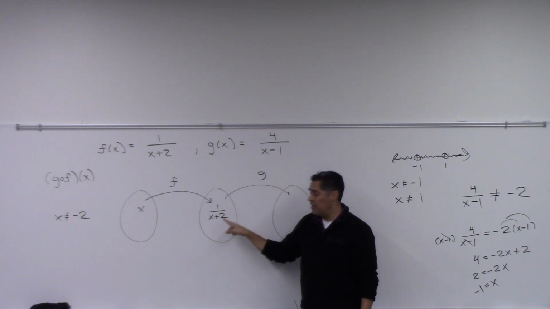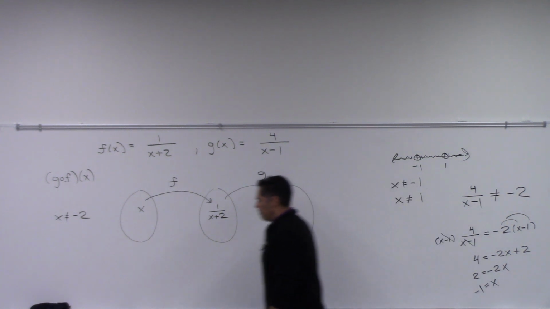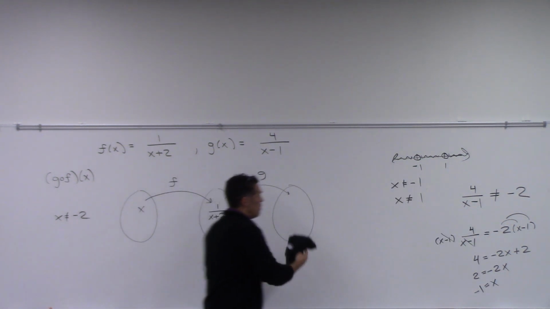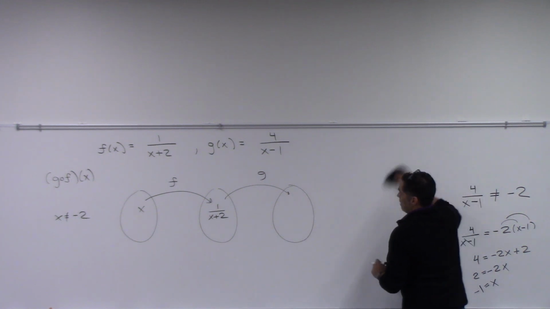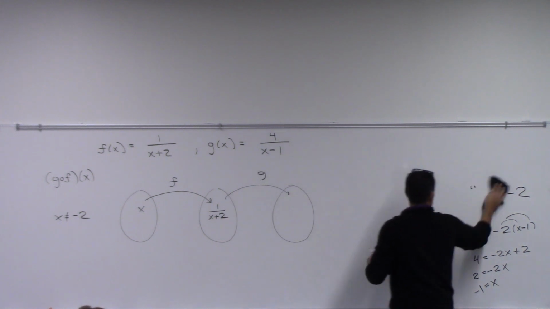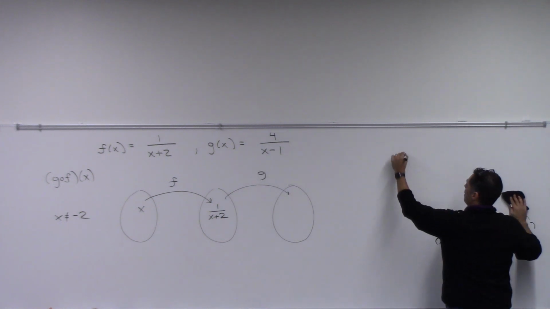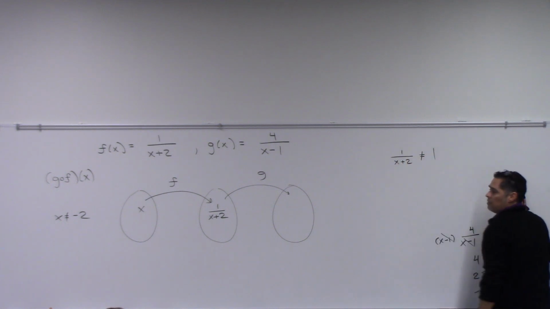If this is a 1, I'm in trouble. Let me write it just the way I wrote it over here. g can't handle a 1 being plugged in, so I need to make sure that 1 over x plus 2 is not 1, or else g's in trouble.